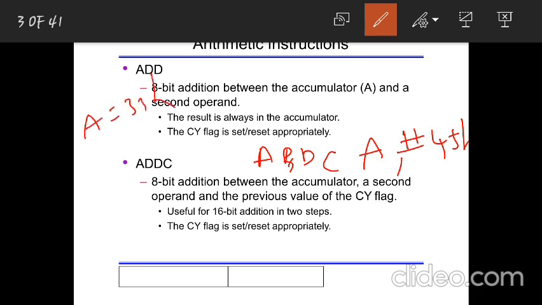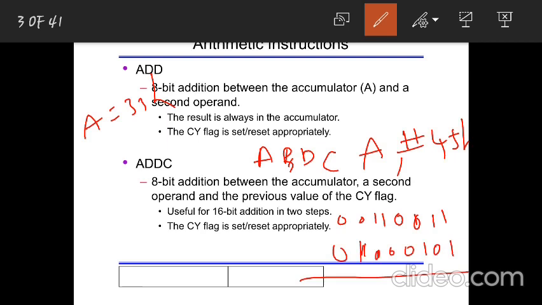If you write it in binary, 33 you will write as 0011 0011. Then 45 can be written as 0100 0101.